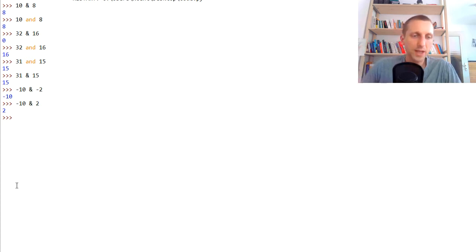So actually, let's first discuss how minus 10 is represented as a two's complement binary number. Say you have 8 bits to represent a decimal number, right? So we have 1, 2, 3, 4, 5, 6, 7, 8. These are the bits that can be represented in Python.